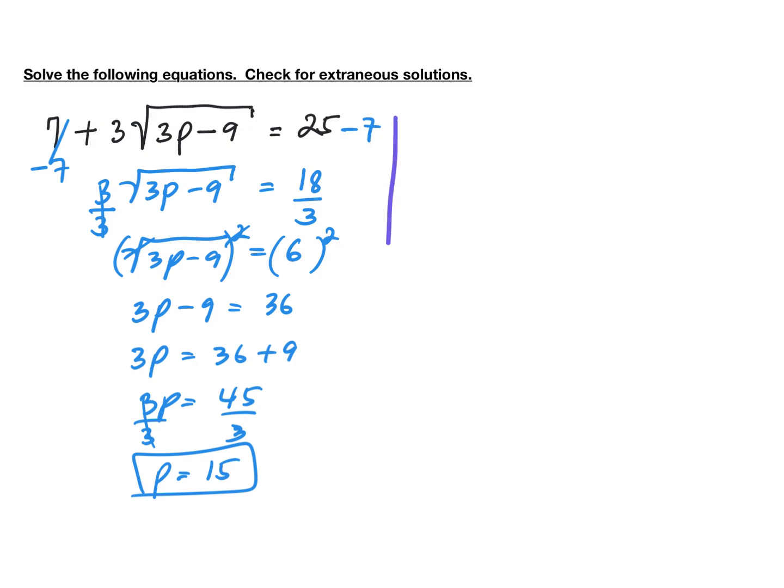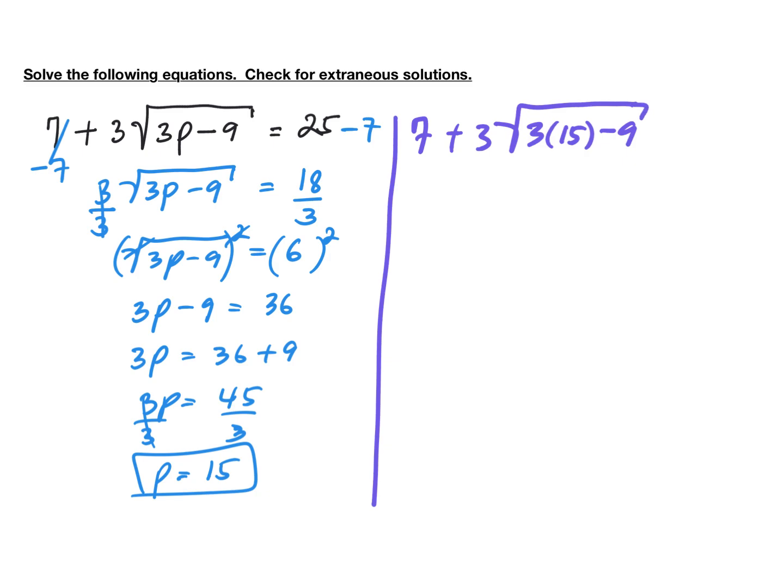Let's substitute everything. So 7 plus 3 times the square root of 3 times 15 minus 9, is it equal to 25? 3 times 15 is 45. 45 minus 9 is 36.